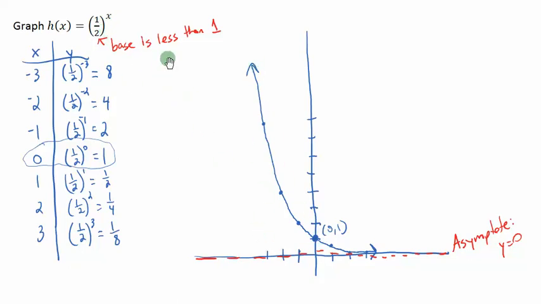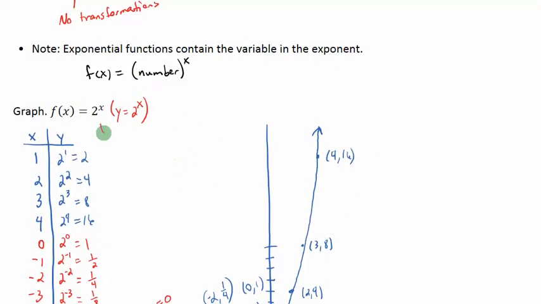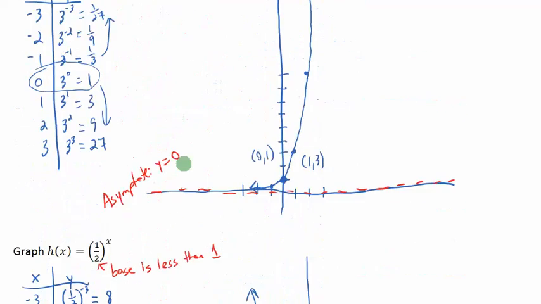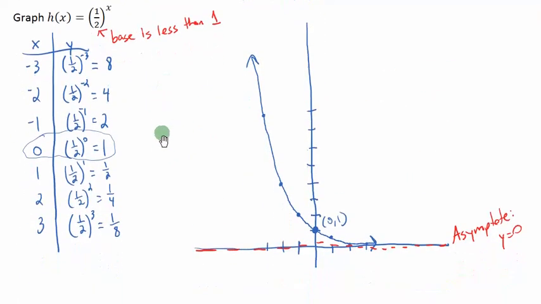Whereas before, the bases that we looked at, like 3 for example, the base is bigger than 1. And similarly with our first example, 2 to the x, the base is bigger than 1. So that is just a quick look at how to graph these basic parent exponential functions that do not exhibit any transformations.